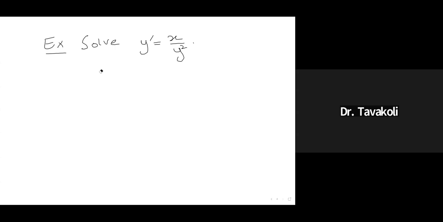So y is a function of x, so it is dy over dx, x over y squared. Multiply both sides by dx and also multiply both sides by y squared. We'll have y squared dy equals x dx.